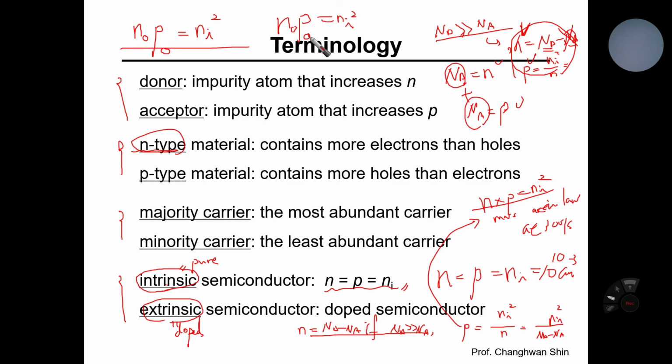For a while, you can say that np is ni squared, but to explicitly say this mass action law is valid at thermal equilibrium, then you should take note of the naught subscript for n and p.